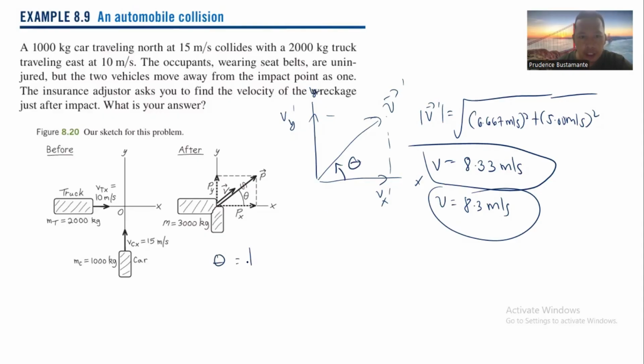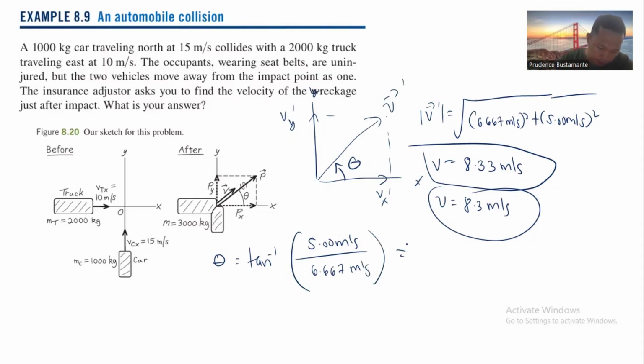Okay, if you want to find the direction, theta is equal to the tangent inverse of the opposite, which is the Vy, over the adjacent, which is the Vx. Shift, tangent.